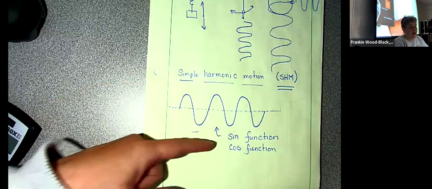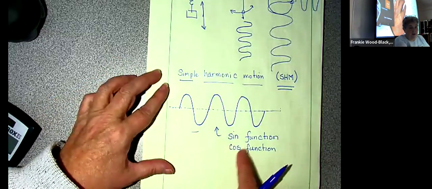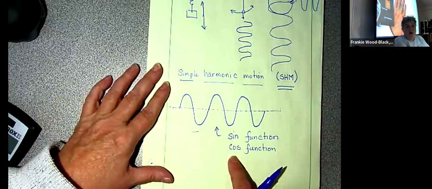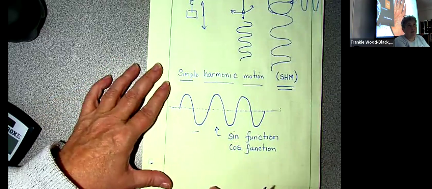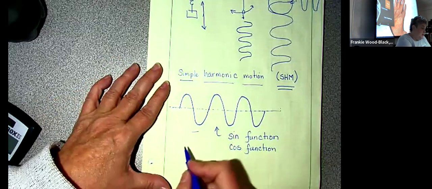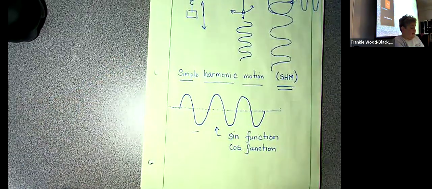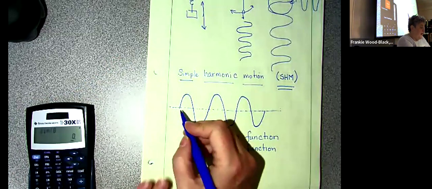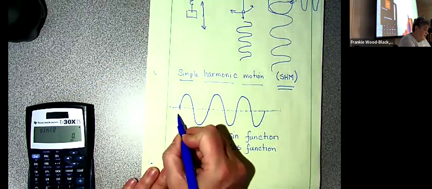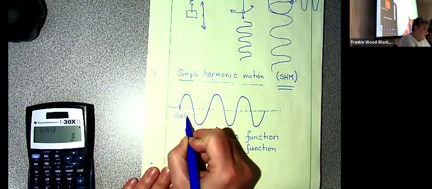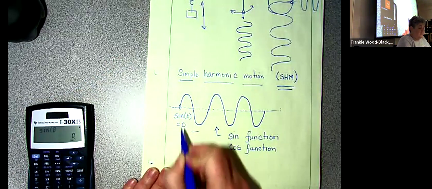And we've got to remember that basically the sine function and the cosine function are just out of phase with each other. Because if I'm looking at the sine of 0, if I'm starting here at 0, the sine of 0 is equal to 0.